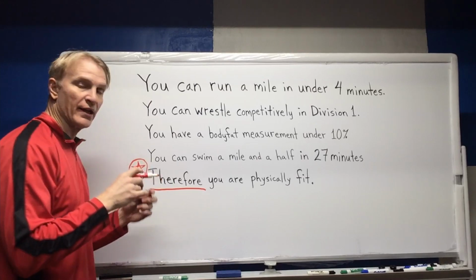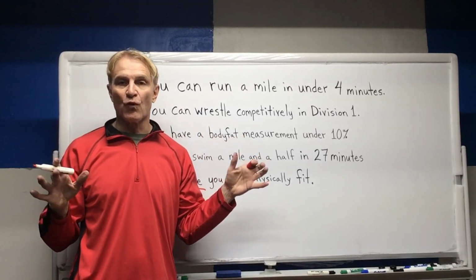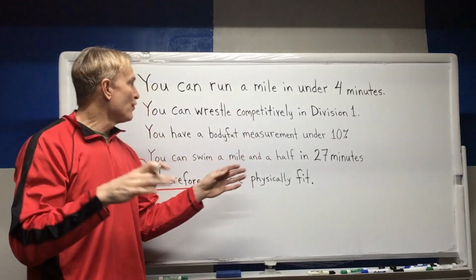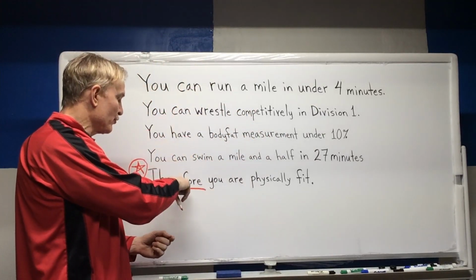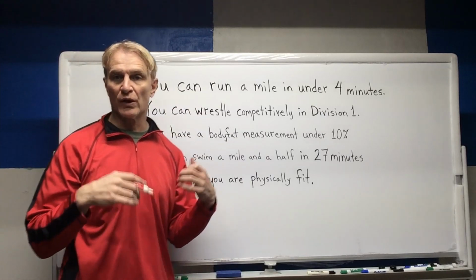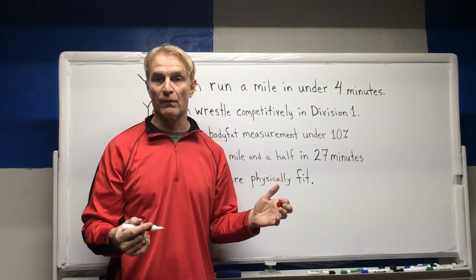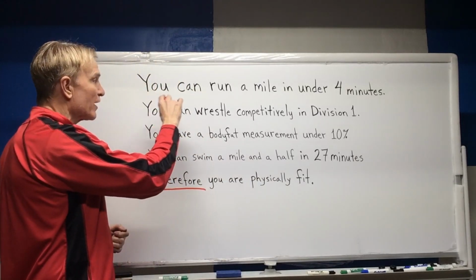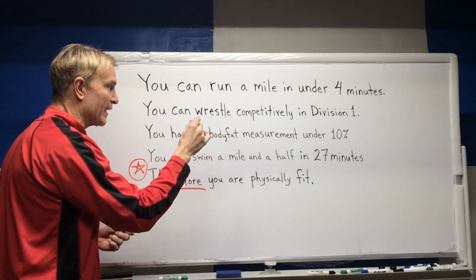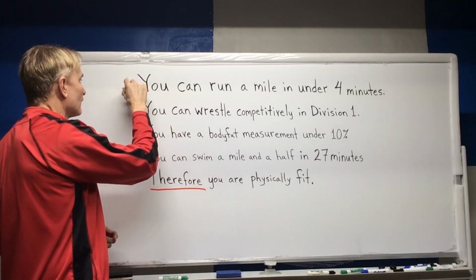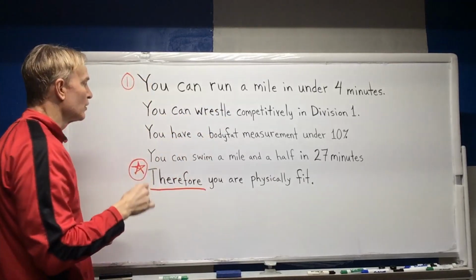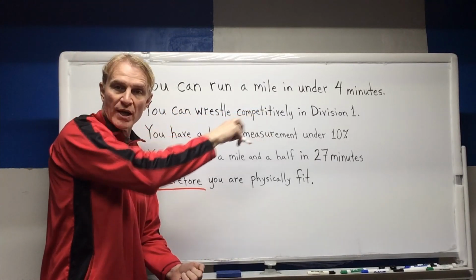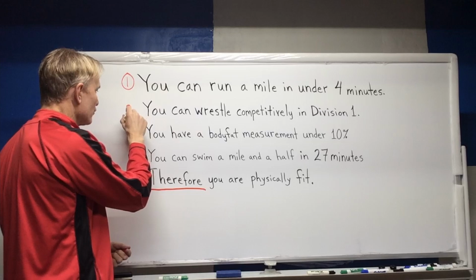Now, in different ways, shapes, and forms, jointly, independently, dependently, everything has to run to confirm this conclusion, or at least attempt to confirm the conclusion. So the first statement is, you can run a mile in under 4 minutes. That's statement 1. Statement 2, you can wrestle competitively in Division 1. That's statement 2.